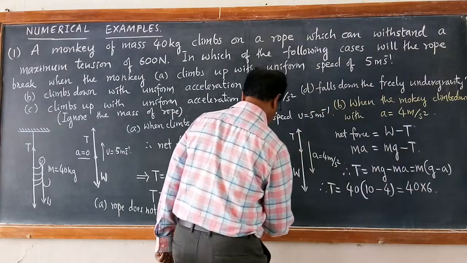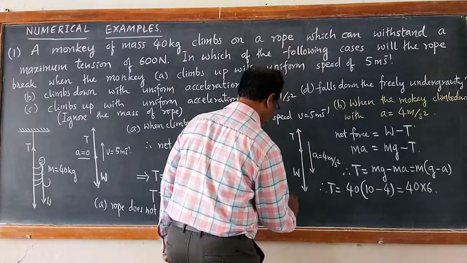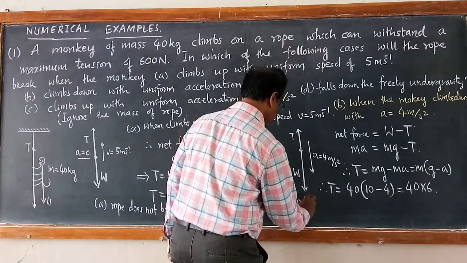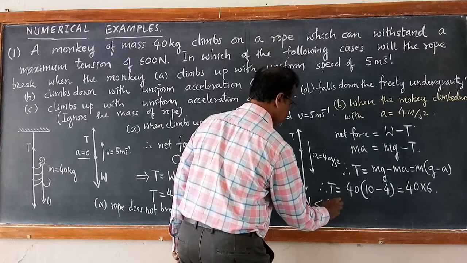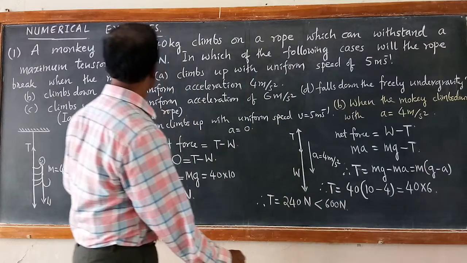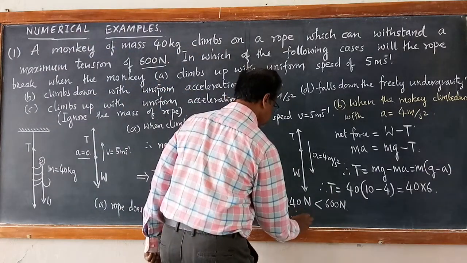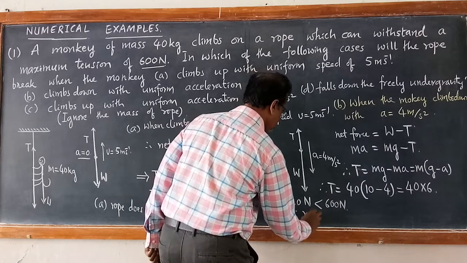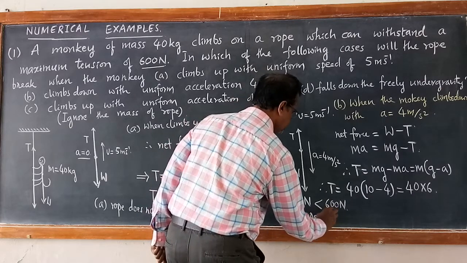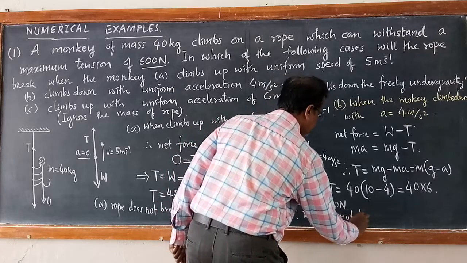Therefore, tension becomes equal to 4 6s are 24, 240 Newton, which is less than the maximum tension that it can withstand. The maximum tension that it can withstand is 600 Newton. Therefore, again in the second case, the rope is safe. Rope is safe means the rope does not break.